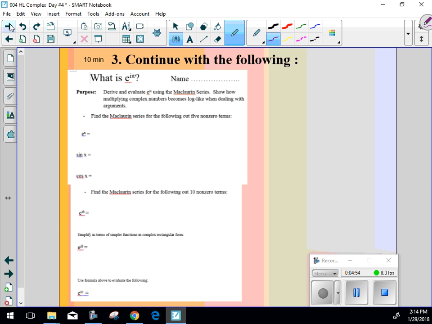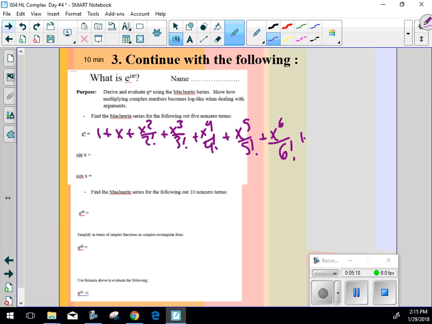Now the next one, this is what I led you into before. I told you that e to the x was 1 plus x plus x squared over 2 factorial. Let's go all the way out to 4 factorial, 5 factorial. I'm going to go all the way out to 6. Oh, let's go 7. x to the 7 over 7 factorial. It does keep going, but we're going to stop there.